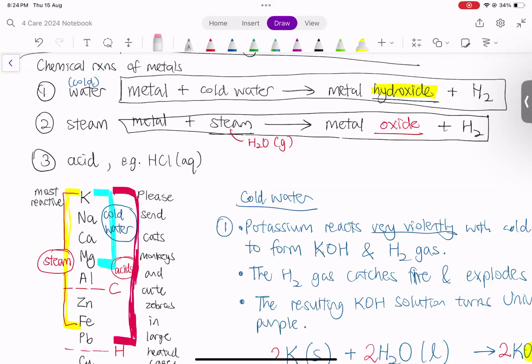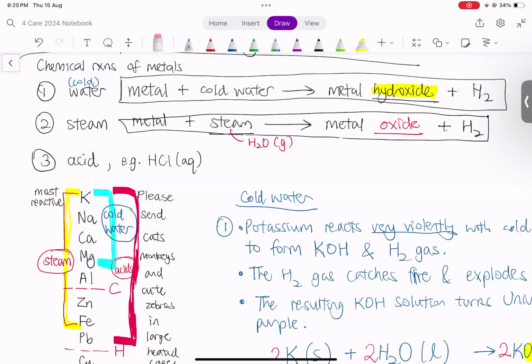If the temperature is higher, then the speed of the reaction will be faster. If the temperature is higher, the particles also have more energy to react. That's what we have learned under speed of reaction. Higher temperature, faster speed of movement, therefore more energy to react.